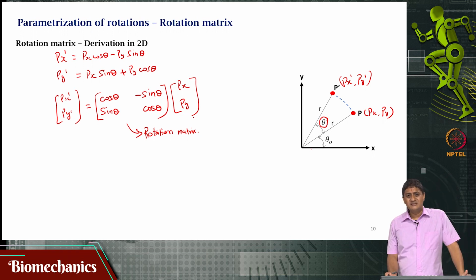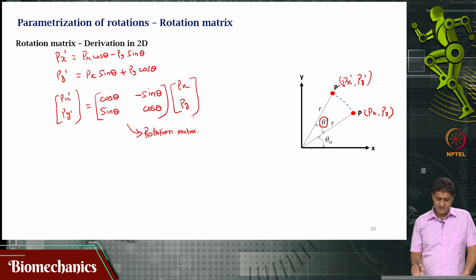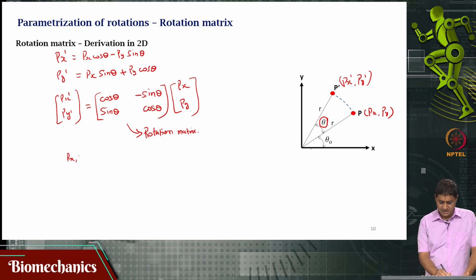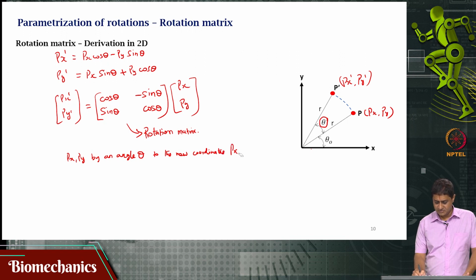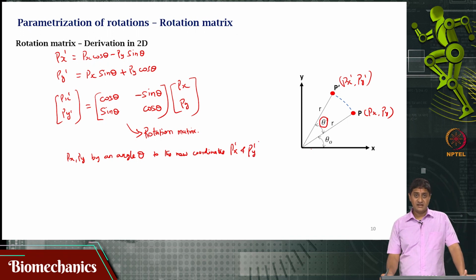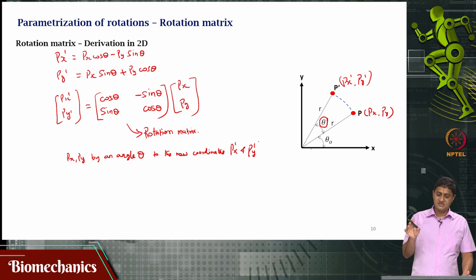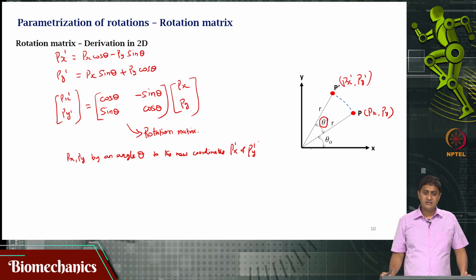This rotation matrix is the matrix that rotates a point P whose coordinates are Px and Py by an angle theta to the new coordinates Px dash and Py dash. So, this is the matrix that rotates this point by an angle theta.